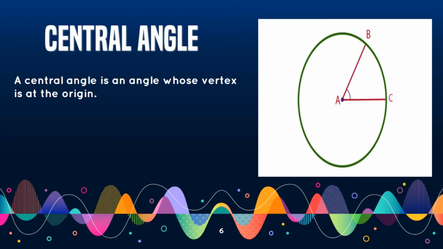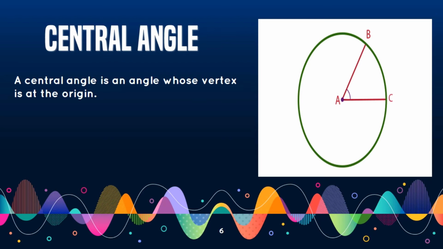A central angle is an angle whose vertex is at the origin. Remember that the angle is formed when two non-collinear rays meet at a single point named the vertex. In this context, the vertex is at the center of the circle itself, and the rays of the angle are the radii of the circle. So we have here an example of a central angle.